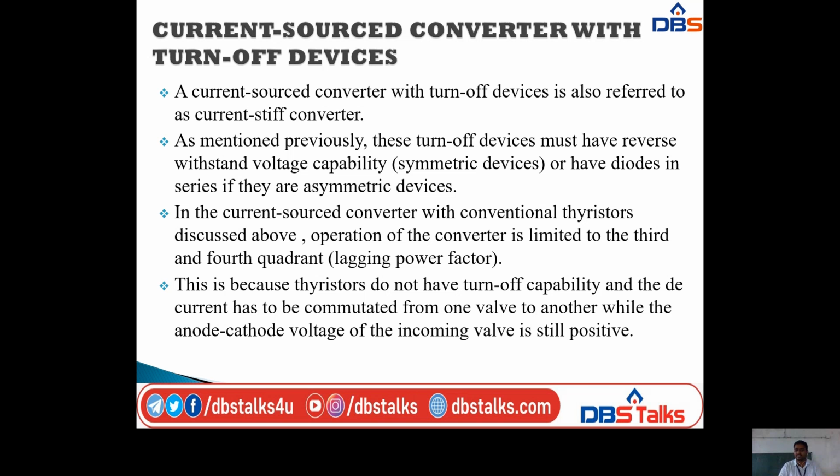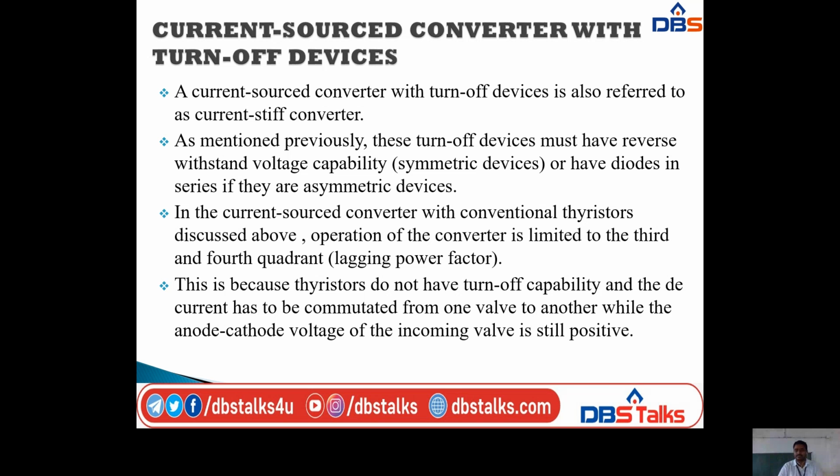In the previous classes, we saw that these turn-off devices must have reverse withstand voltage capability, that is symmetric devices, or have diodes in series if they are asymmetric devices.